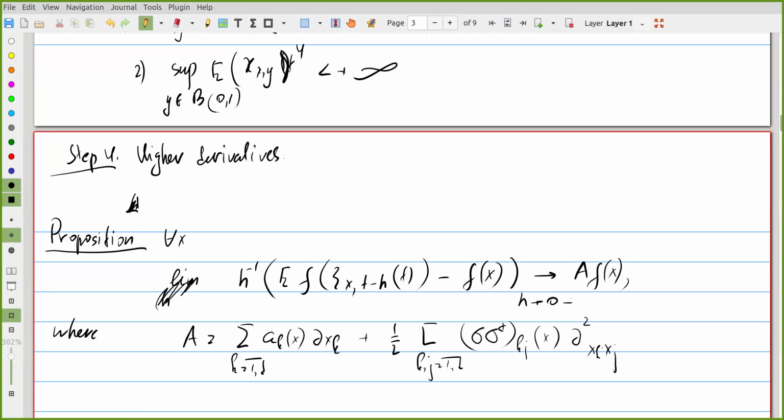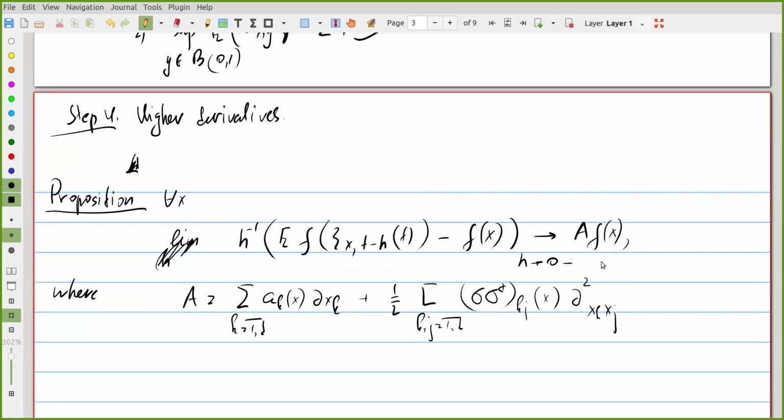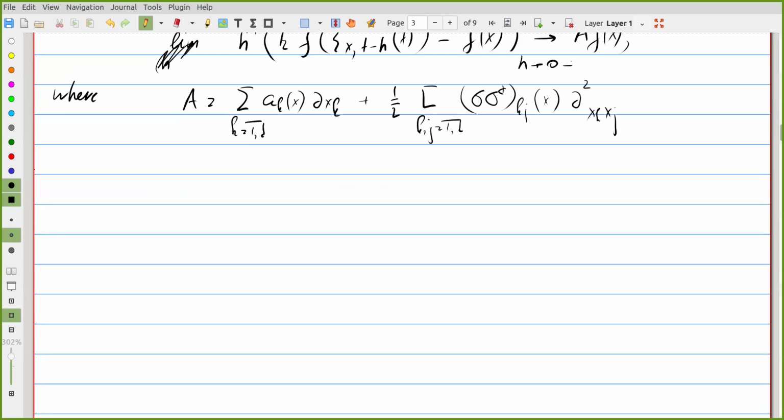So the first theorem worked with partial derivatives. This is about the one-sided left derivative in time. So again, we consider only the one-dimensional case with zero drift.